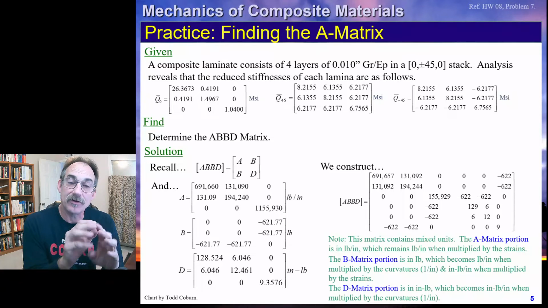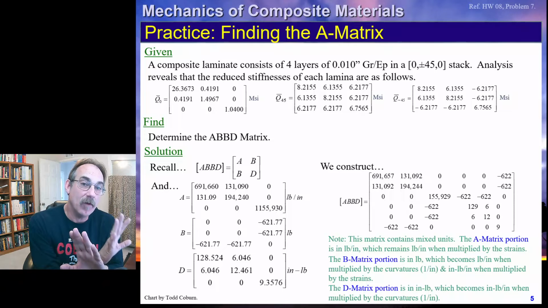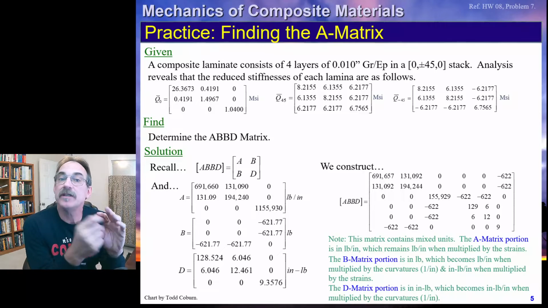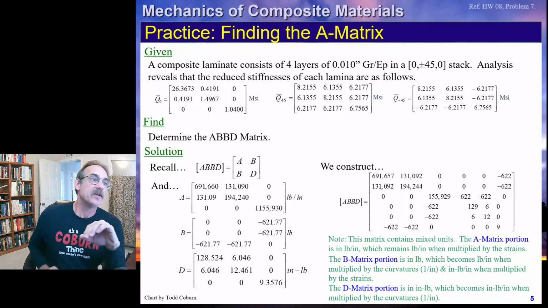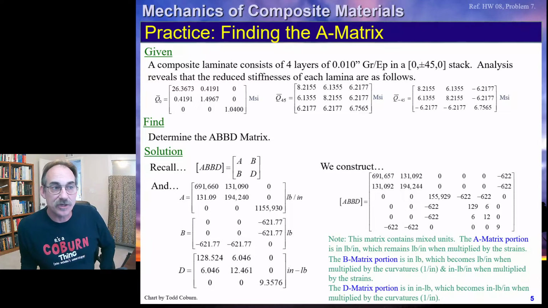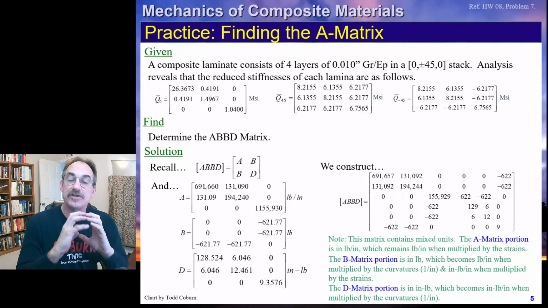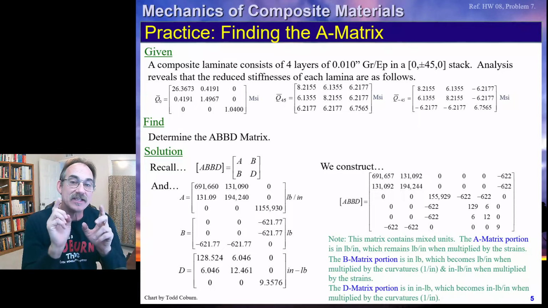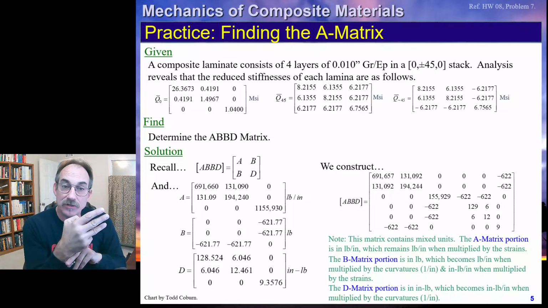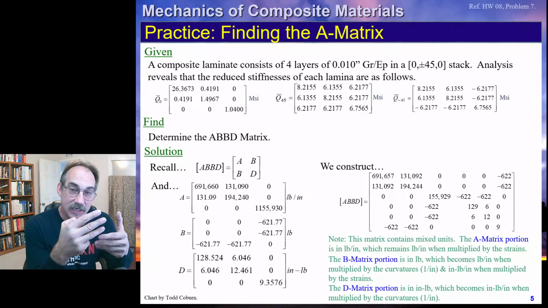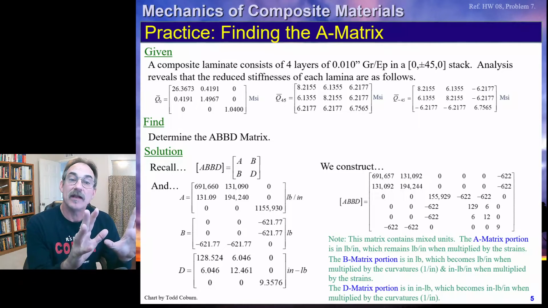It's added together to create the total value of moments, which are given in units of inch-pounds per inch, because it's a moment per unit inch. It's a running moment. So even though we had mixed units coming in, units of pounds per inch, units of pounds, and units of inch-pounds, each of these submatrices is multiplied by either strains, inches per inch, or curvatures, 1 over inches, and this gives us units of pounds per inch for the running loads and inch-pounds per inch for the moments. So everything worked out fine.